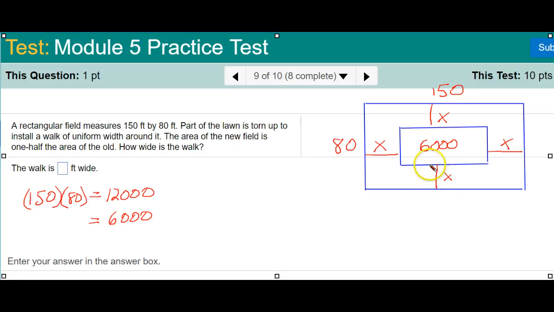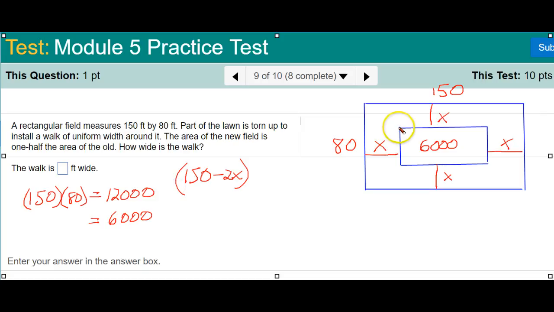So now we have to figure out what would be a formula to give us this area. Well, it would be this minus these two x's. So over here it's going to be 150 minus 2x.